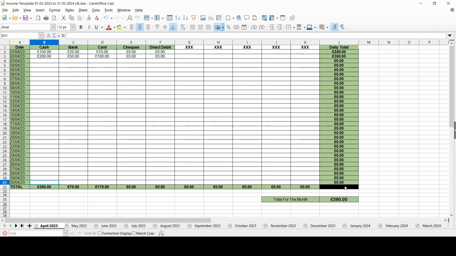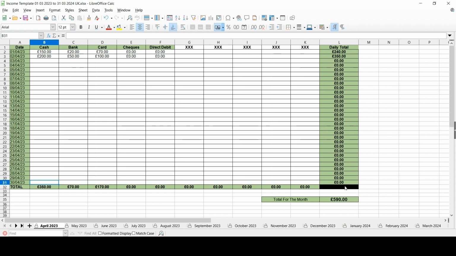Having this type of statistic will help you to grow your business. So, in one month, you had really low income, and in one month, you had really high income. So, you can analyze that and see, okay, what month was it that I had more income? What was the reason behind it? Was it because of a specific promotion you had, which got you more income? Was it because it was holiday season?